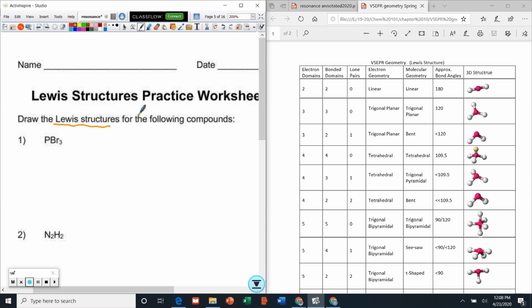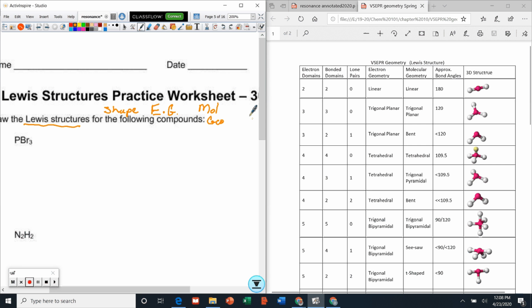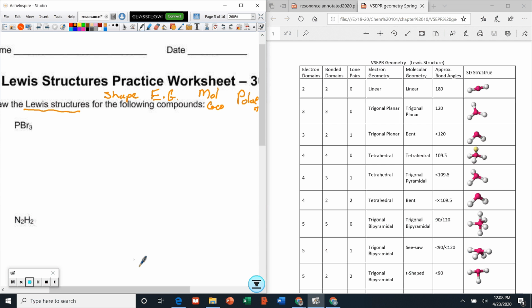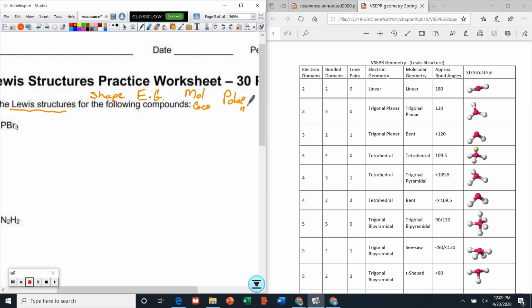We're going to determine the shape of it, both the electronic geometry, which I'm going to call EG, and the molecular geometry. And then we're going to talk about polarity as well with this.